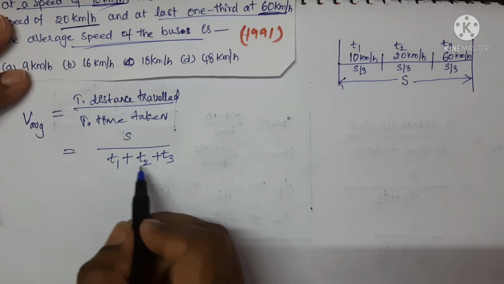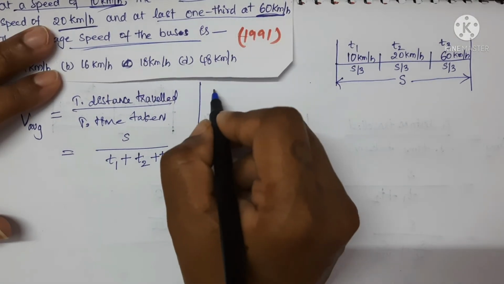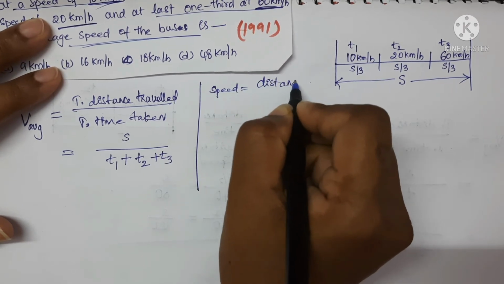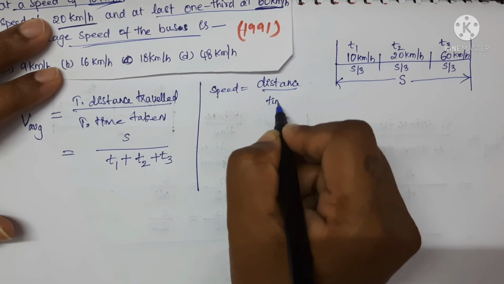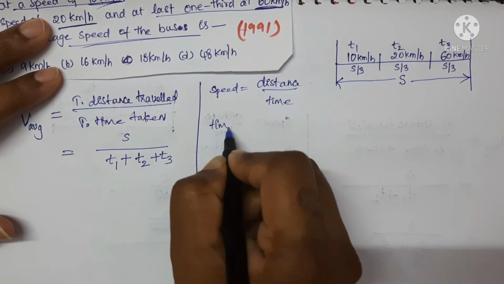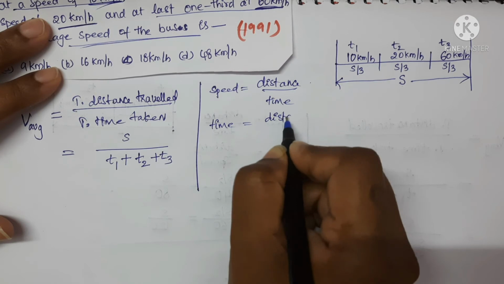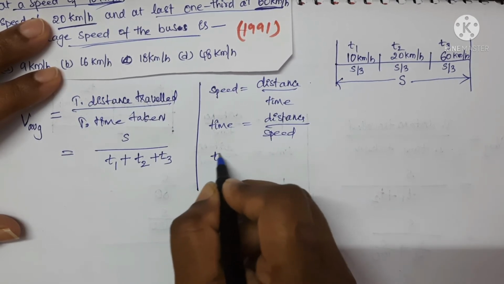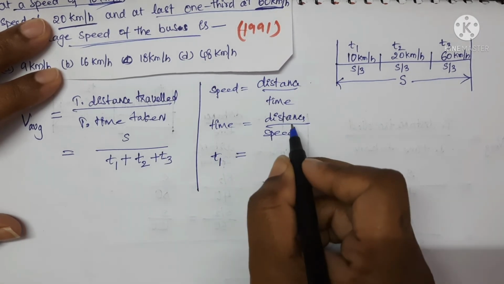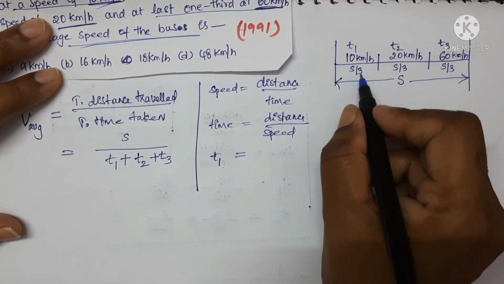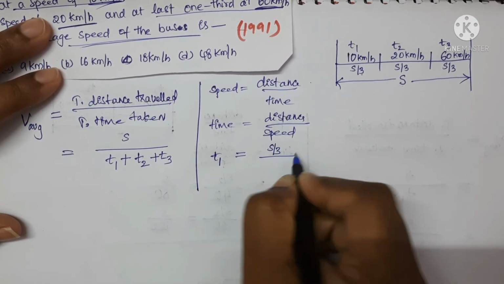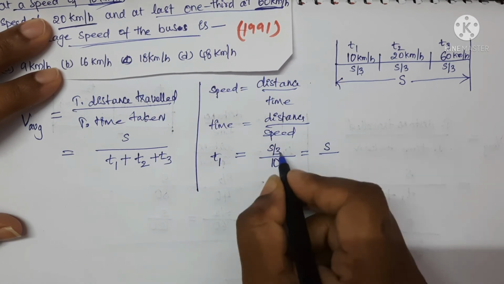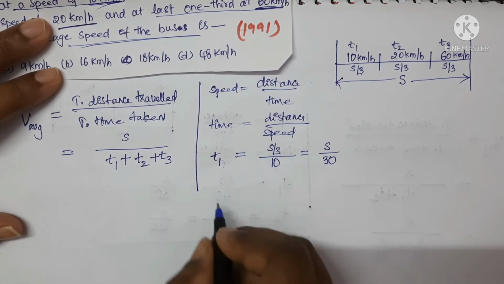Let us find the values of T1, T2 and T3 respectively. We know that speed is equal to distance upon time. So from this, time is equal to distance upon speed. For first 1/3 T1 is equal to, distance is S by 3 and the speed for first 1/3 is 10, which is equal to S by 3 into 10 is 30.